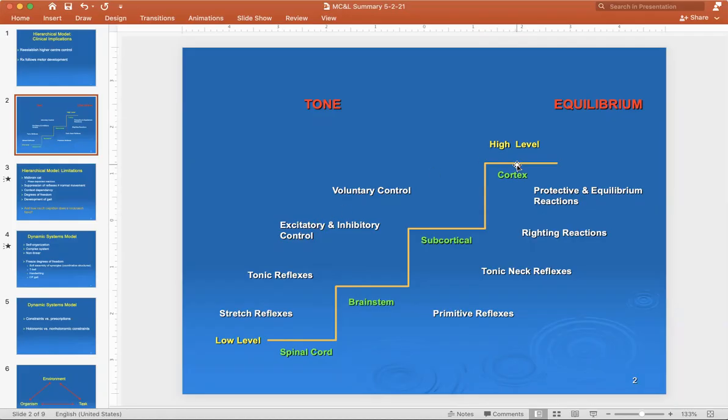Okay, so in essence, the patient with stroke has been kicked back down a developmental scale to a baby, as it were, and they have to follow these developmental steps back up to reestablish this higher center control over these lower levels. Because again, this higher center control is the most important.